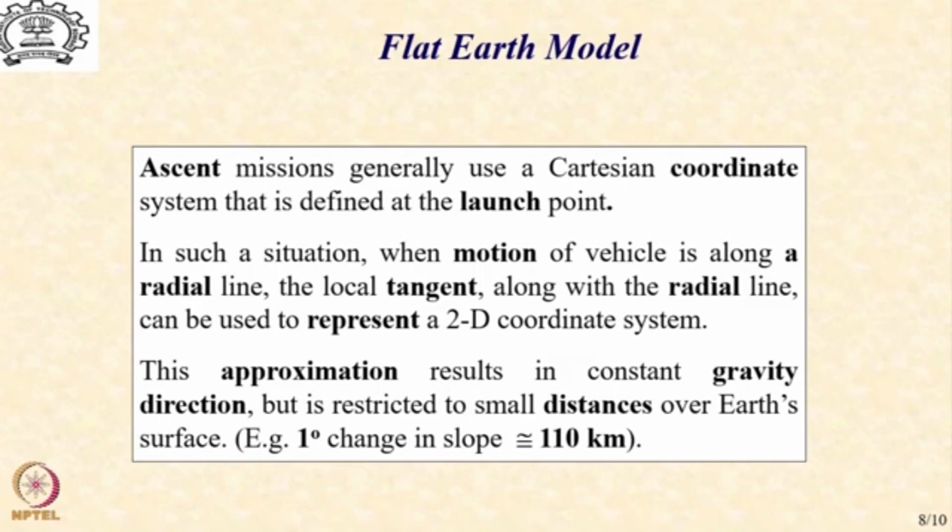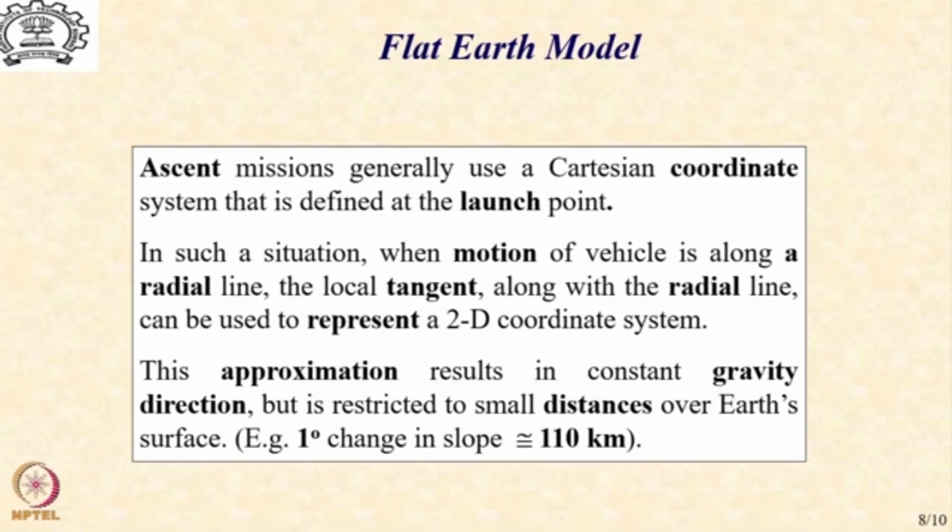Of course, we realize that this is going to be restricted to small distances traveled over Earth's surface, and a very crude thumb rule can be used to assess the impact of this assumption through the simple equivalence relation, where we say that 1 degree change in the direction of the gravity is equivalent to traveling 110 km over the surface of the Earth, which means that as long as your distances traveled over surface remain less than this quantity, the change in the direction of gravity would be only about 1 degree or less.